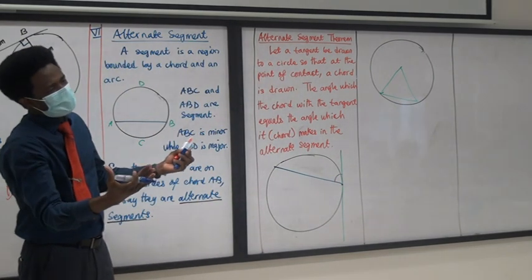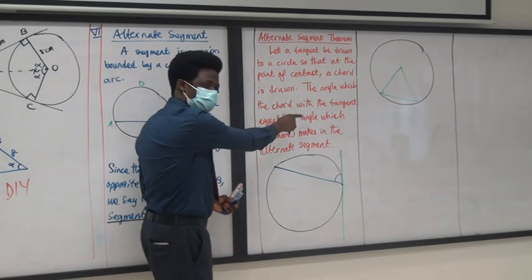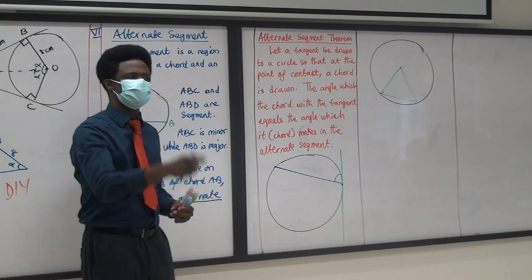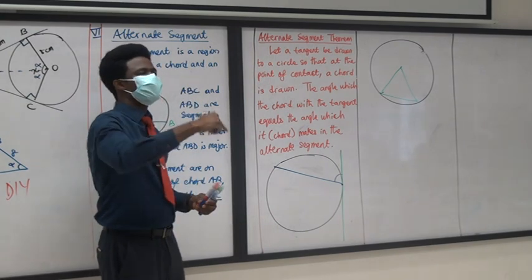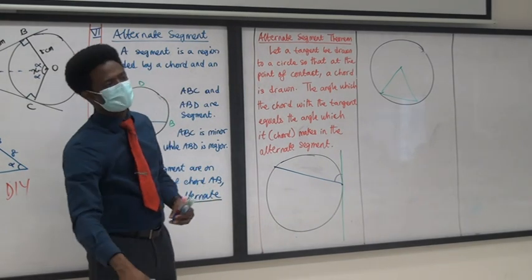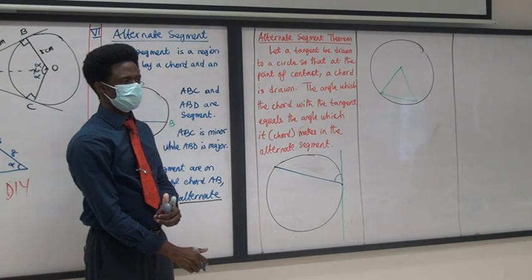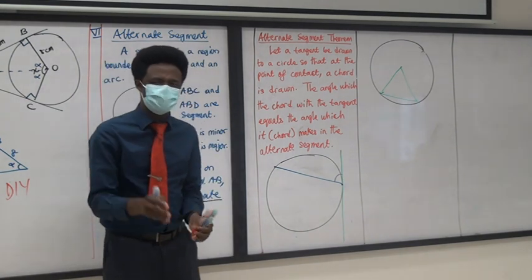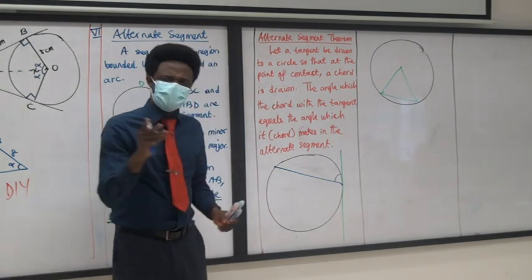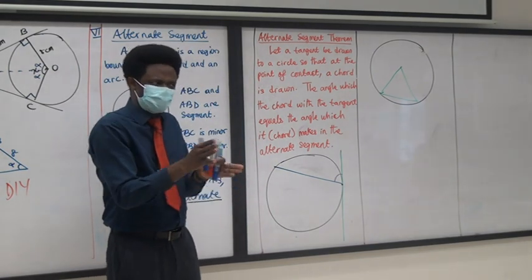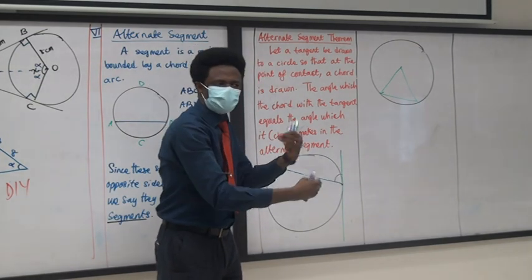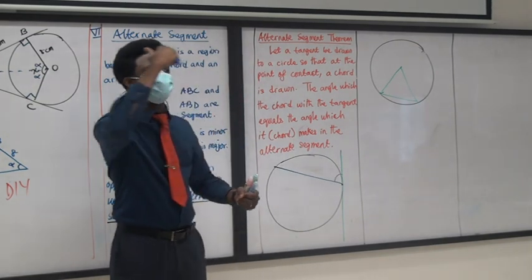Okay, so what happened to it? It says that this angle must be exactly the same value, the same measure, that this same chord will make in the alternate segment. Are you listening to that? The angle which the chord makes with the tangent is in one segment, because the next statement is referring to the alternate segment.